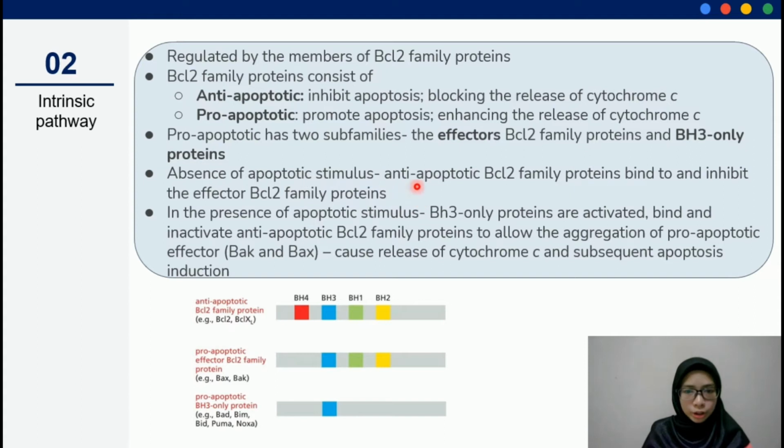In this situation, no cytochrome C will be released, thus no apoptosis occurs. In the active intrinsic pathway, which means in the presence of apoptotic stimulus, BH3-only proteins are activated and will bind and inactivate anti-apoptotic BCL2 family proteins, which will allow the aggregation of pro-apoptotic effectors, for example Bax and Bak, on the surface of the mitochondria. This situation will cause the release of cytochrome C and subsequent apoptosis induction.